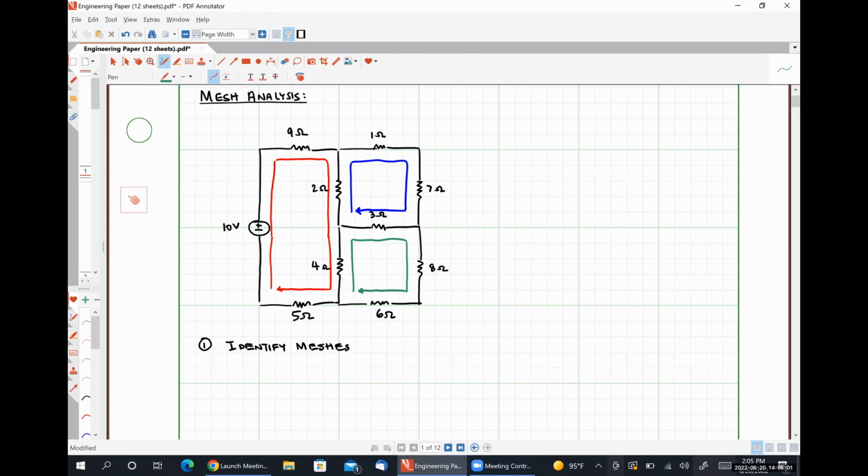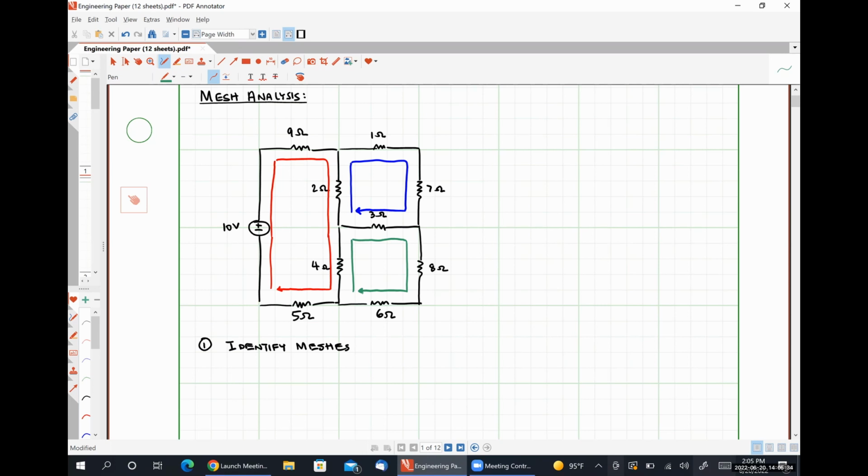Now, what I'm doing here with these arrows is I am assigning a particular direction that I believe the mesh currents that we are about to label flow, okay? So I have made an assumption here that there are going to be 3 mesh currents because there are 3 meshes, and I am just assuming, with no indication as to why really, that these mesh currents are going to flow in a clockwise direction around their meshes.